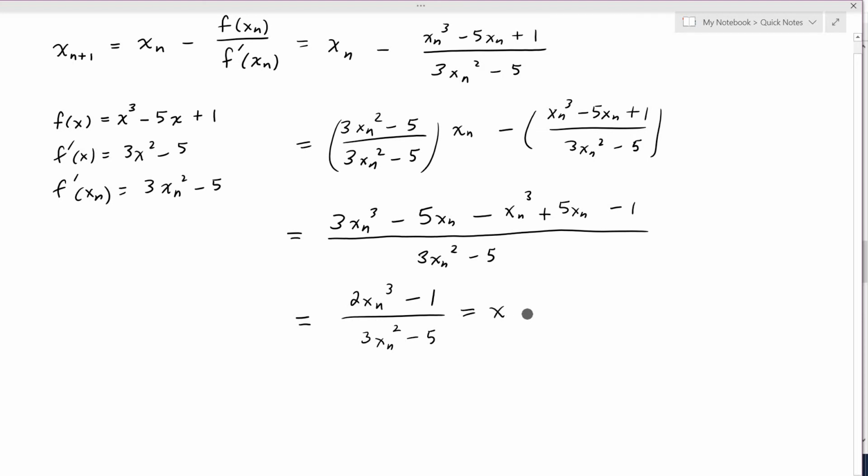So now we have a nice little formula that will allow us to find the next term in that sequence in Newton's method, if we know the previous term, x sub n. Let's apply this to our educated guesses that we're going to make for each of the x-intercepts that we're trying to approximate.